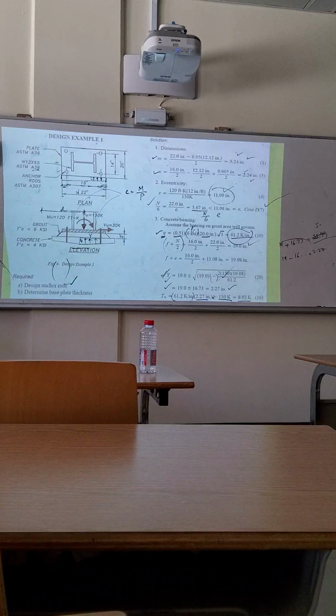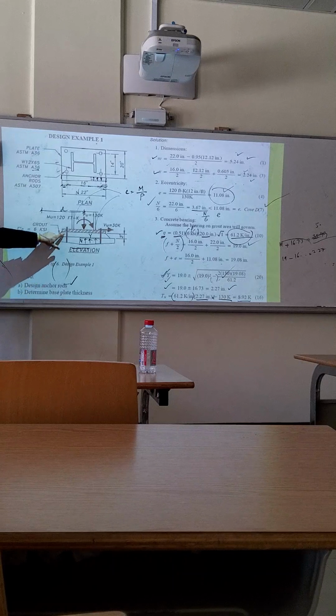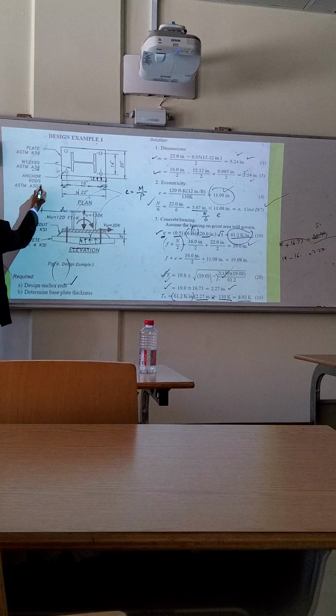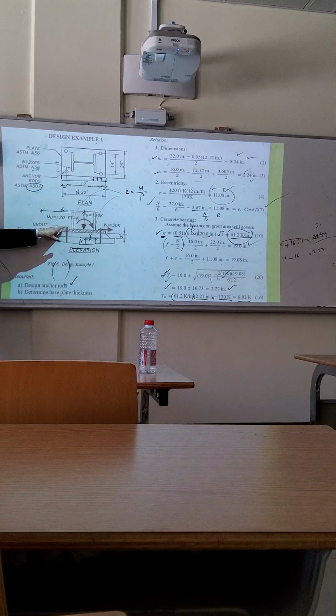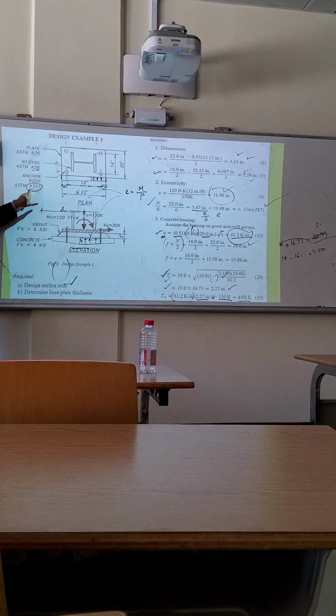So that depends on the capacity of your bolt, and which is depending on the diameter. So diameter you have to decide. Here it says that these bolts, anchor rods also, are defined as A307. The bolts which you have to use are made of A307.